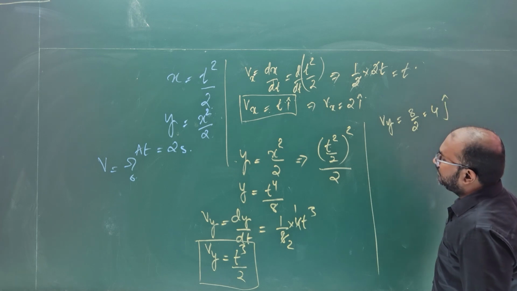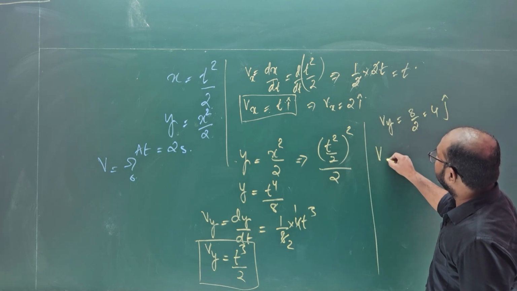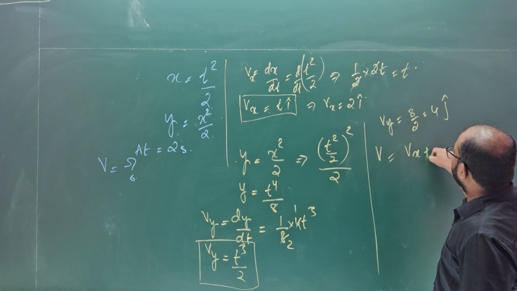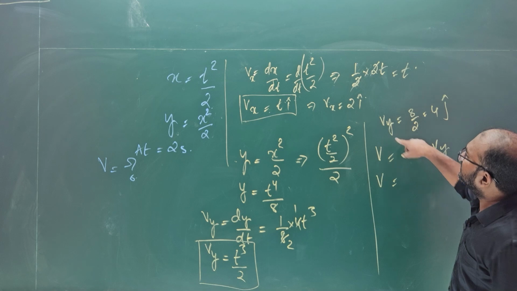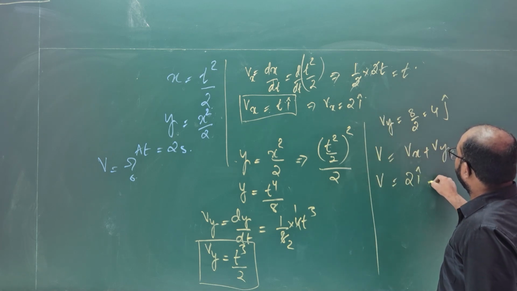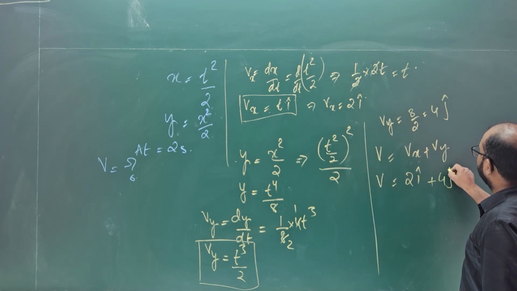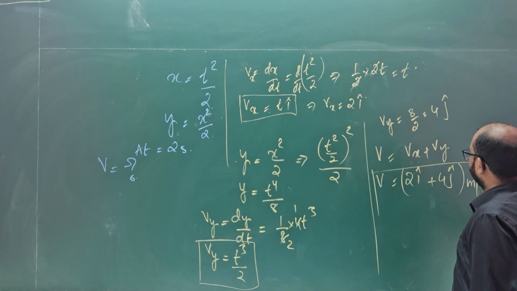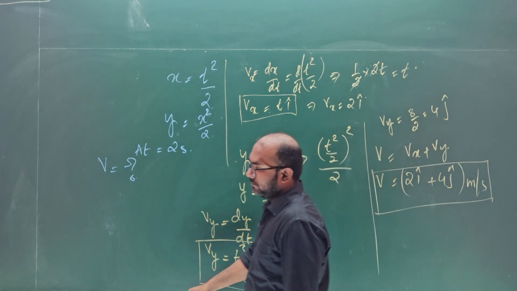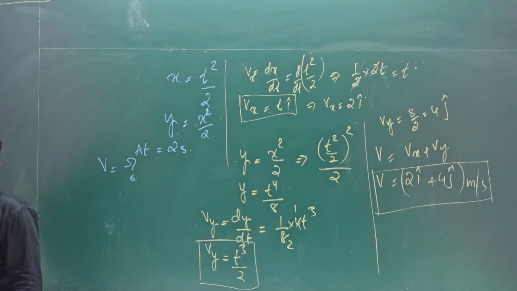This is along j cap. So final velocity V is Vx plus Vy, or V is equal to 2 i cap plus 4 j cap, in meters per second.